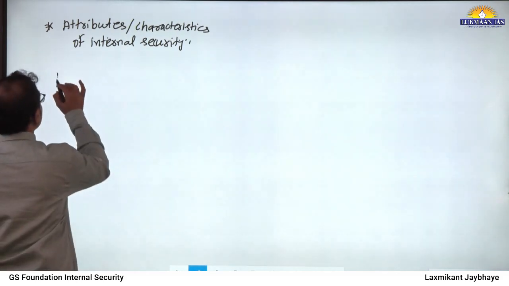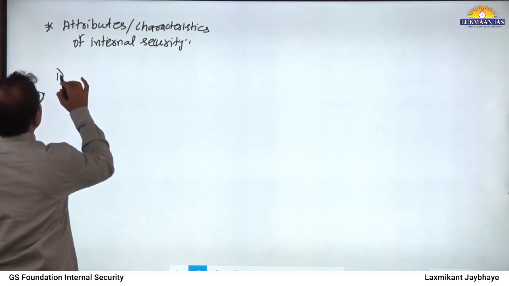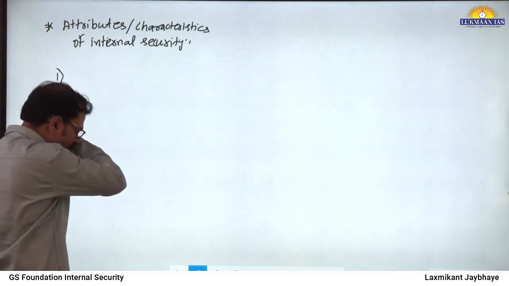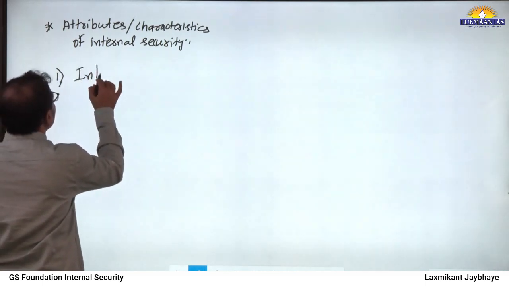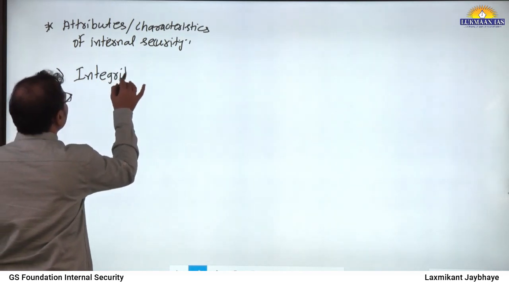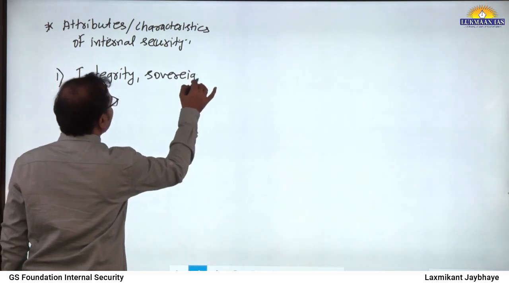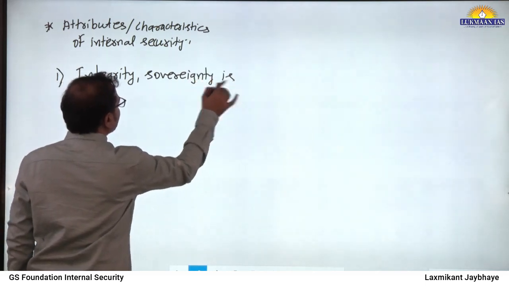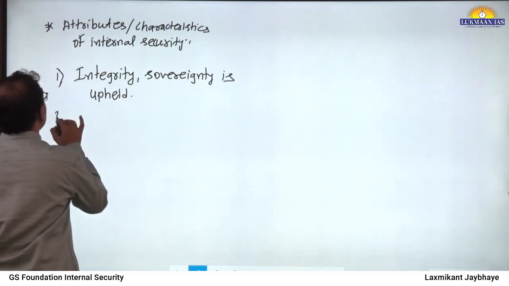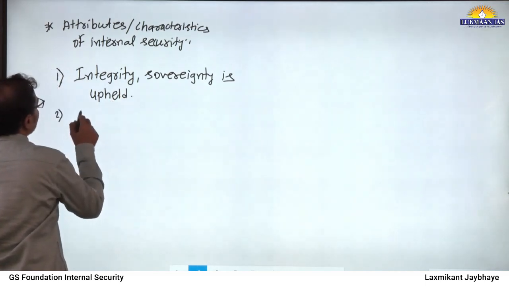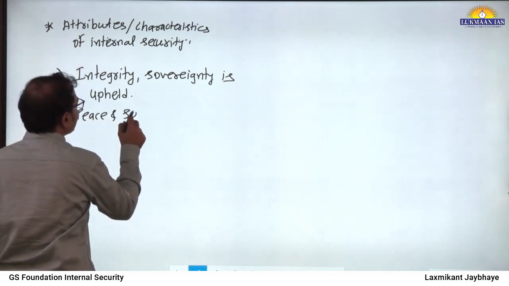For example, integrity and sovereignty are upheld. Then there is peace and social harmony.